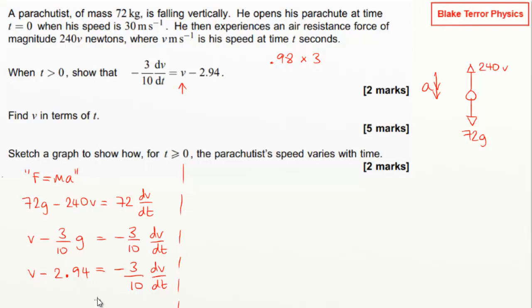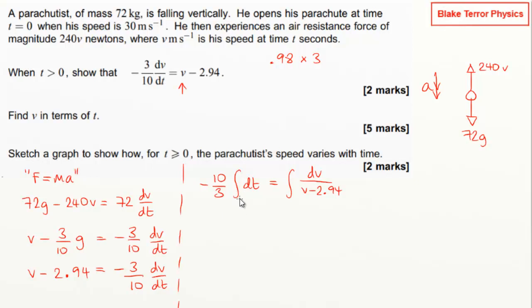We're going to have to treat this left-hand side as one term, because otherwise we're not going to be able to get the v's over with the dv's. So let's have minus 10 over 3 integral of dt is equal to the integral of dv divided by v minus 2.94. Of course, this 10 over 3 bit you could have sitting anywhere, really, it doesn't matter too much.